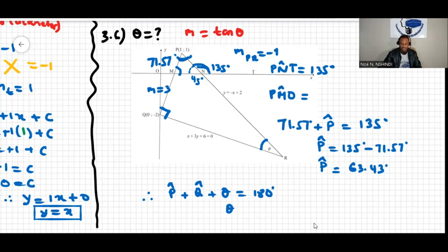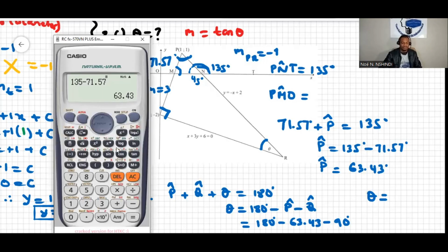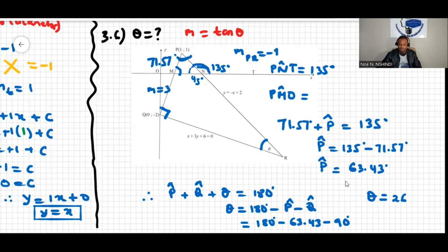That means theta will be equal to 180 degrees minus P minus Q. We substitute the values: 180 minus 63.43 minus 90 degrees. This is equal to 26.57 degrees. So theta makes 26.57 degrees.